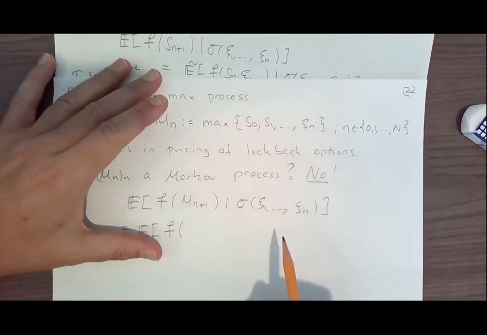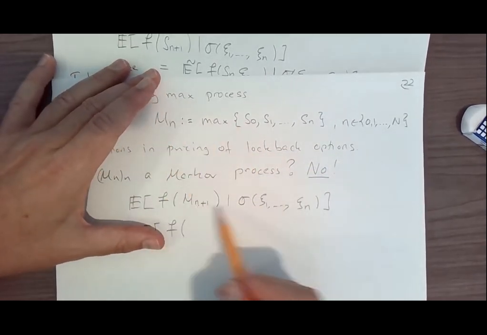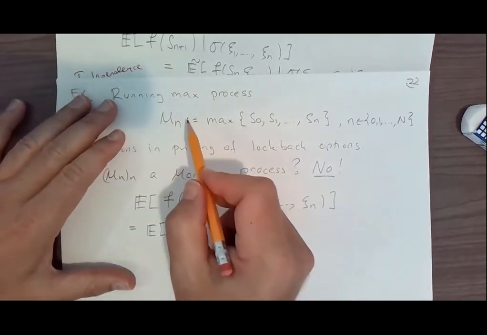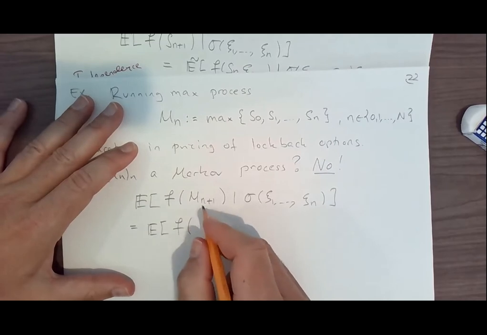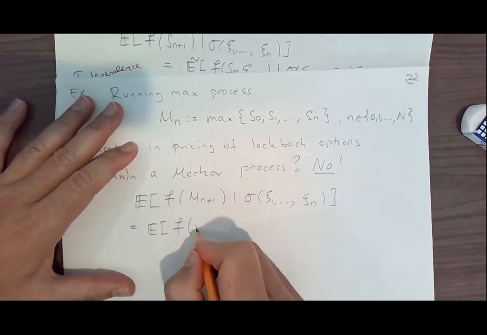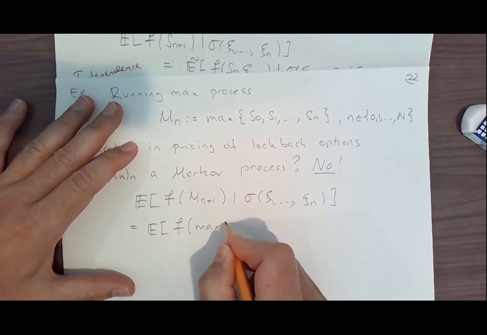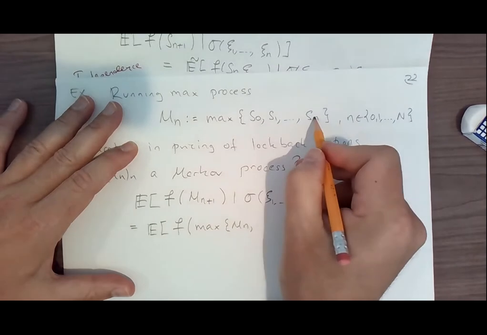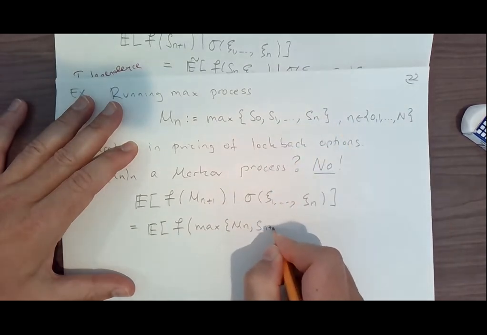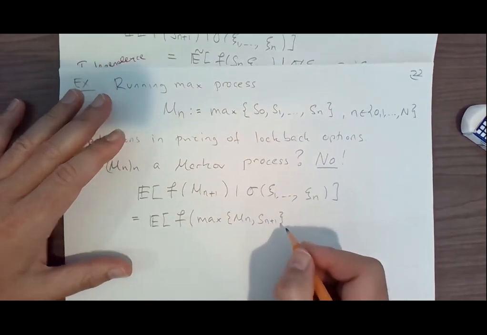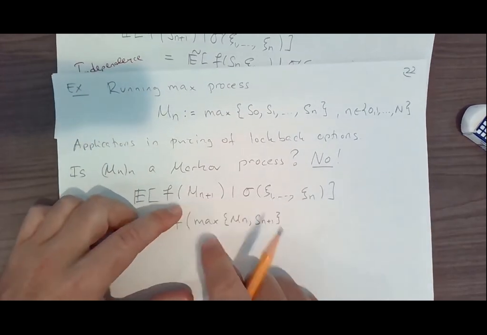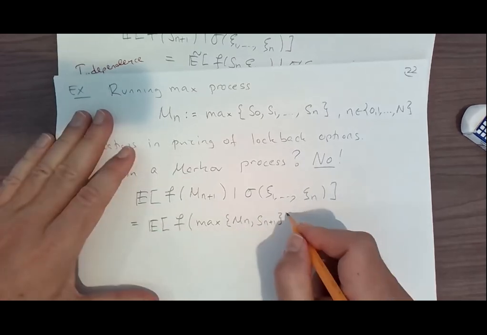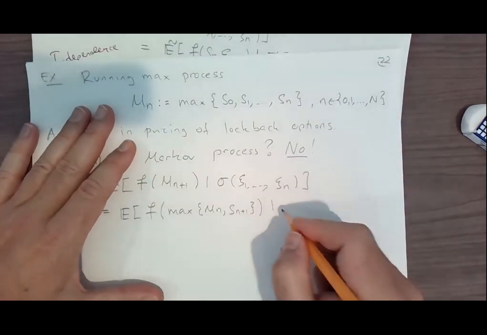How do we calculate the max? We need to relate Mn plus 1 to what we had before. The max up to time n plus 1 is equal to the max up to time n and then the stock price at time n plus 1. So the maximum up to time n plus 1 is the maximum of Mn and the current value. Okay, we have that in there, and then we condition.